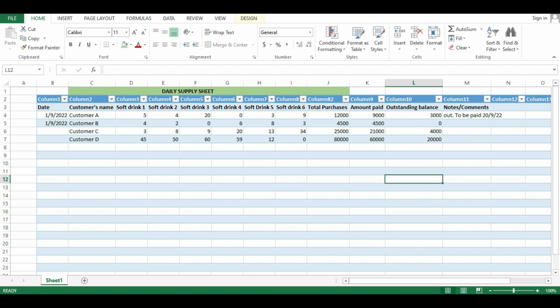Now, the good thing about this sheet is after the day's business, the total column, for the day, you can use your auto sum.